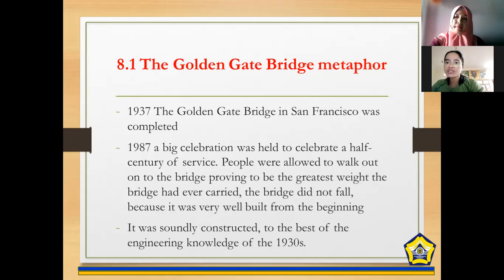The bridge did not fall because it was well built from the beginning. It was simply constructed to the best of the engineering knowledge of the 1930s. So this means that we need to build our test with a strong commitment. So next.